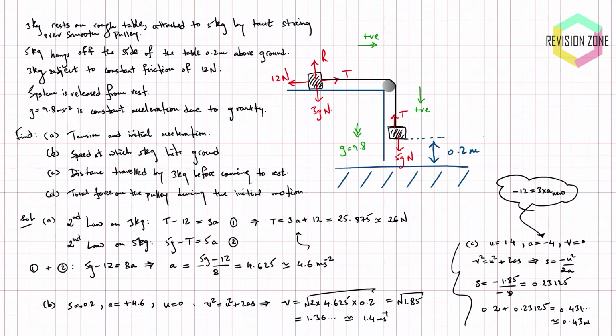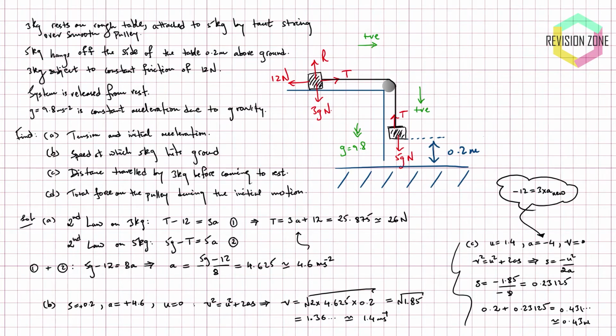And it's going to be mass, which is 3, times the new acceleration, which I'm calling a new. I solve this to get the new acceleration for the second phase of motion, which is minus 4. And that minus is telling me that this is sensible, okay? So we have an acceleration for the second phase of motion. We know that the second phase of motion starts at the exact instant when this particle is going to hit the ground, okay?